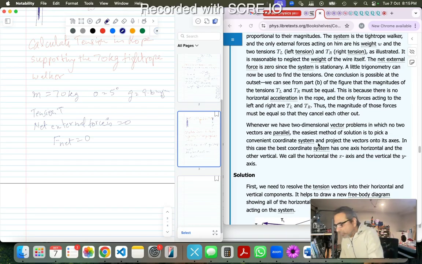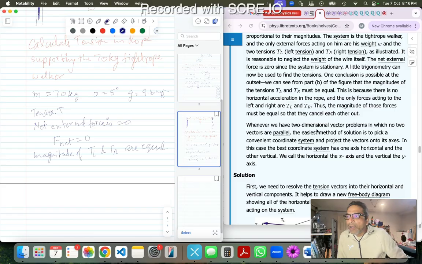So the magnitudes of TL and TR are equal. That's what we can conclude, because there is no horizontal acceleration in the rope, and the only forces acting on the left and the right are TL and TR.